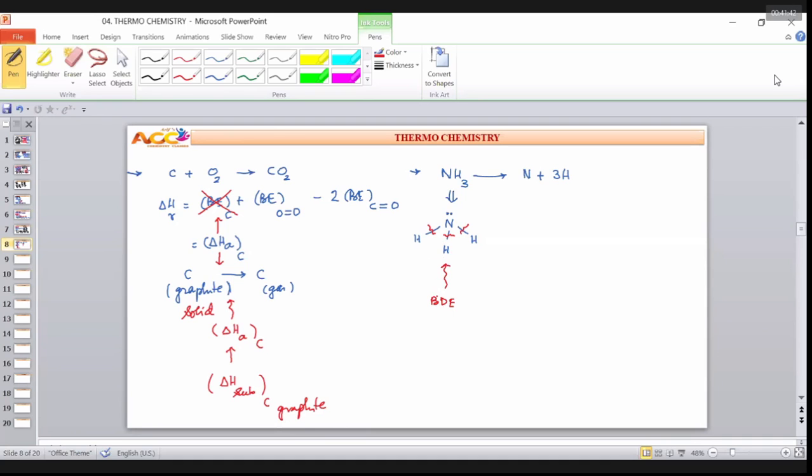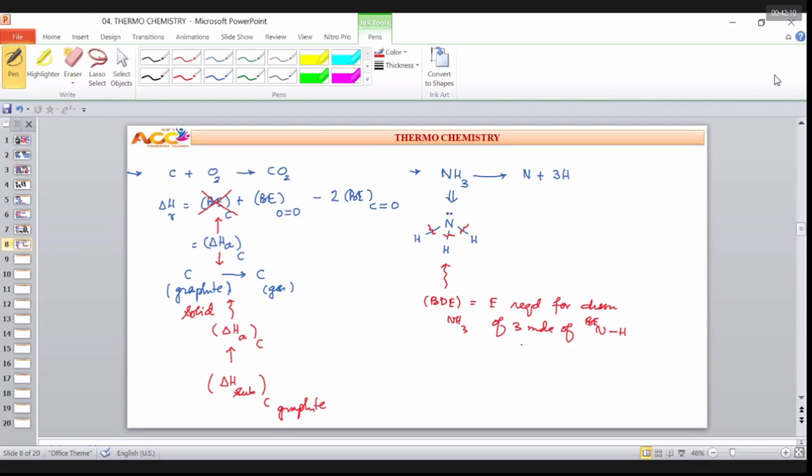Average bond energy is the energy required to break up all the three bonds in case of ammonia. Bond energy of ammonia is equal to energy required for dissociation of 3 moles of NH bonds.